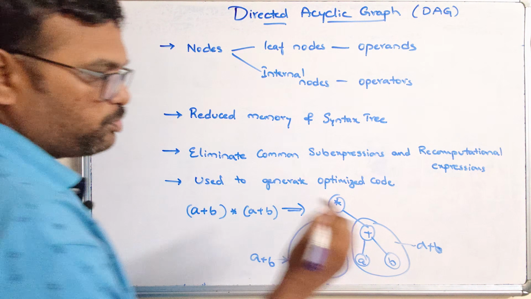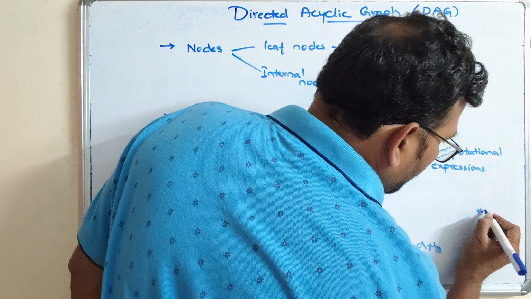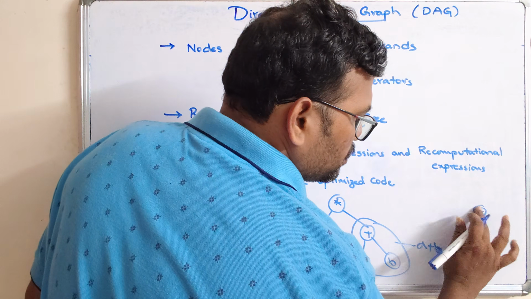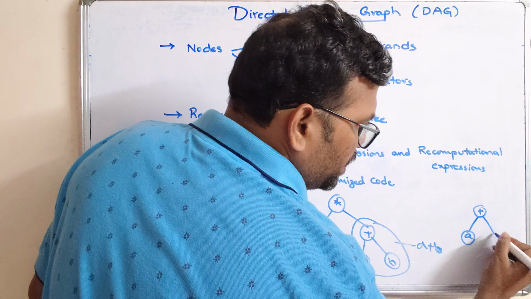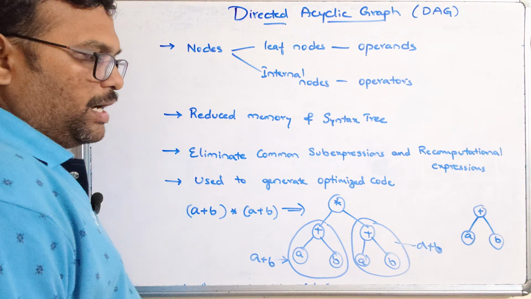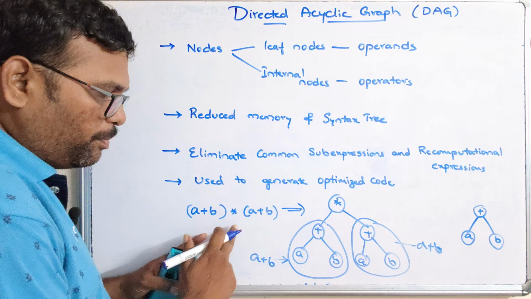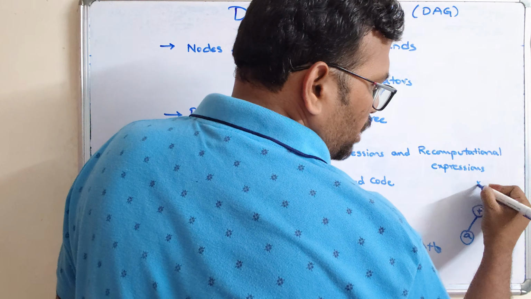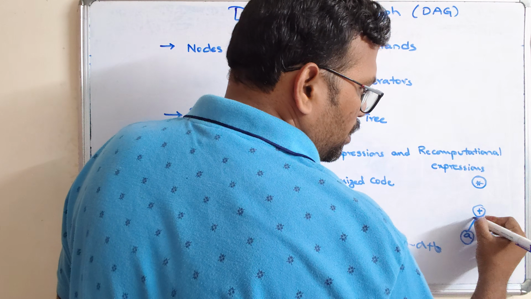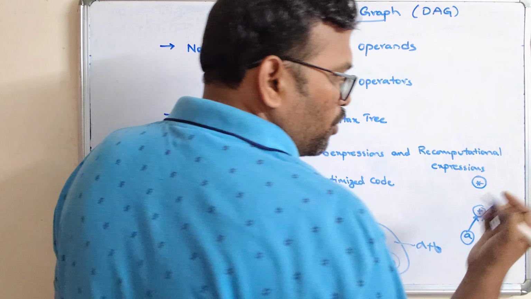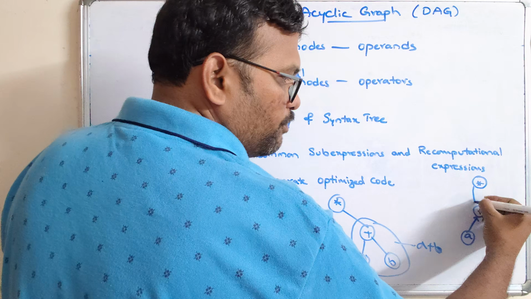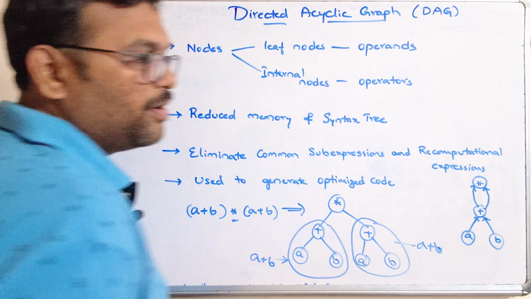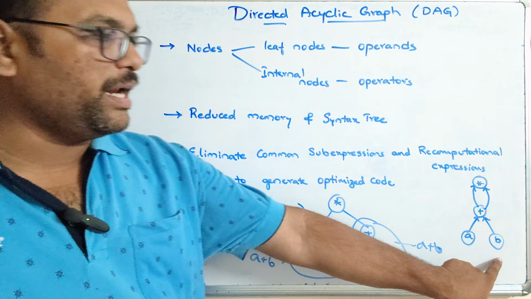So how can we draw this? First we take the expression a plus b, and then we perform the multiplication on the same node, so we give one more node with multiplication and apply the same thing here. This is a directed acyclic graph.